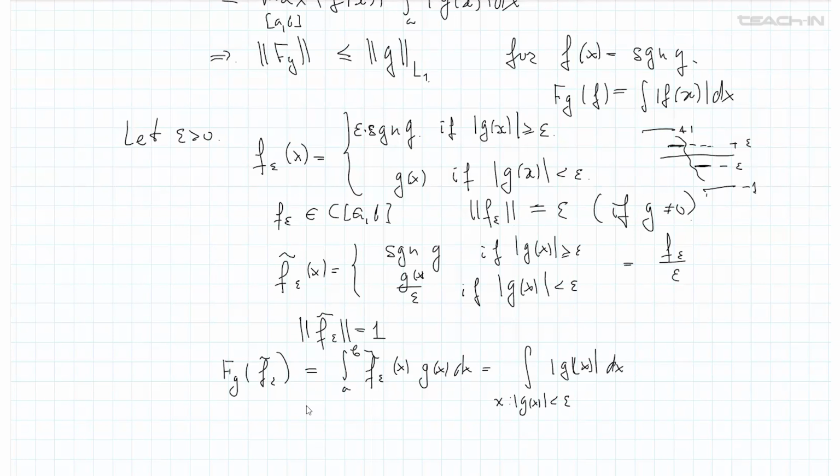And plus the integral for such x that the modulus of g of x is less than epsilon, and here we have g squared of x divided by epsilon dx.